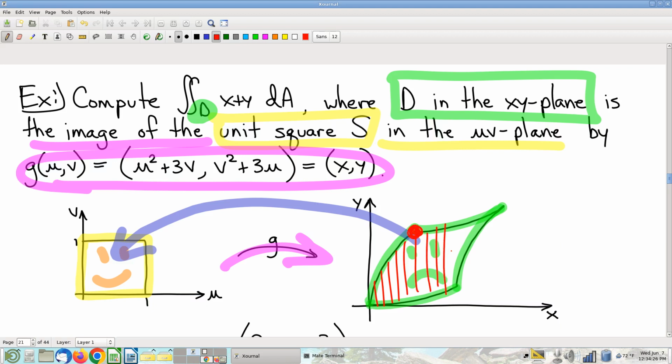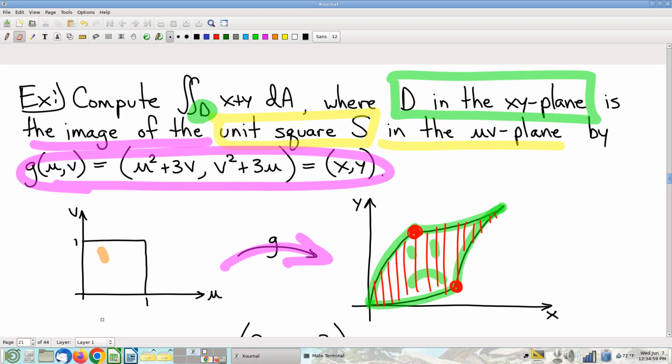Then I'd have to start a new integral and keep slicing along, then slice through another corner, and keep going until finally ending. So I'd have to do 3 separate integrals on this domain on the right. By comparison, this pullback over here is not only a rectangle, it's a square. And not only that, it's the unit square. It's about the best domain you could possibly hope for in a double integral. So big payoff for doing this.